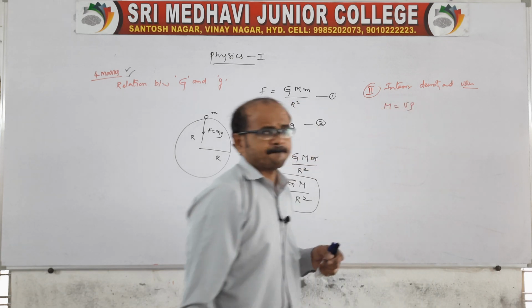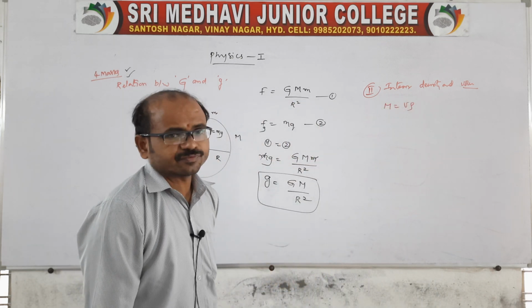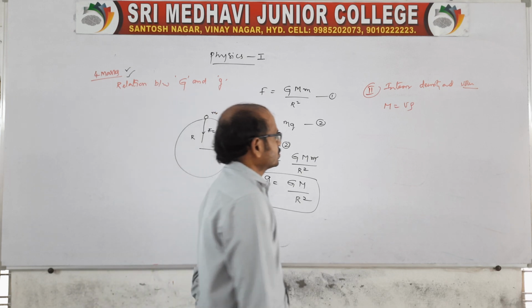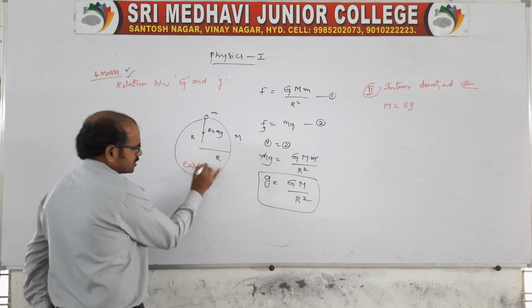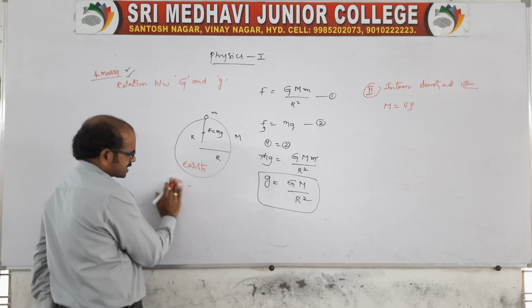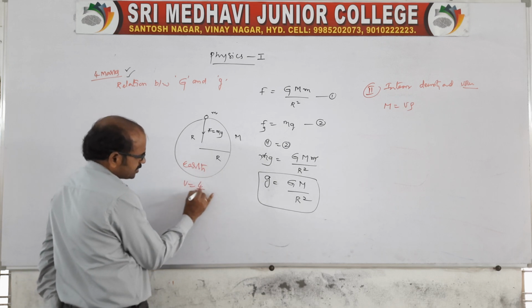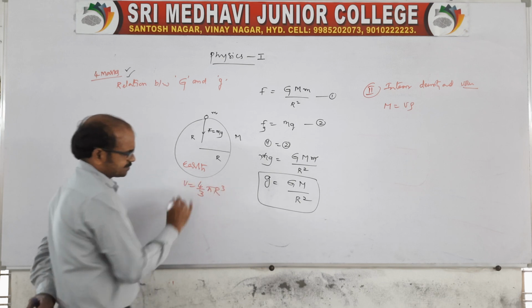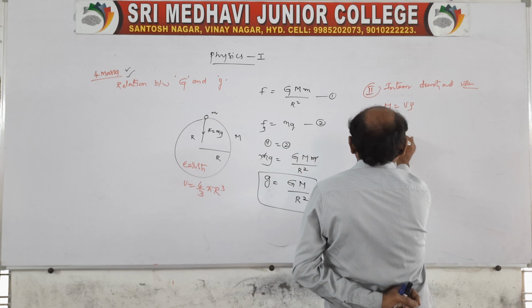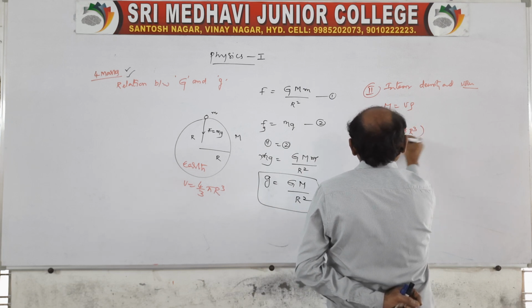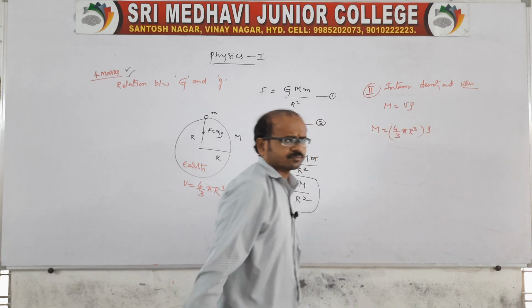The Earth is like a sphere, no? We know the volume of a sphere is 4 by 3 pi r cube. Now you write here, mass is equal to 4 by 3 pi r cube into rho.